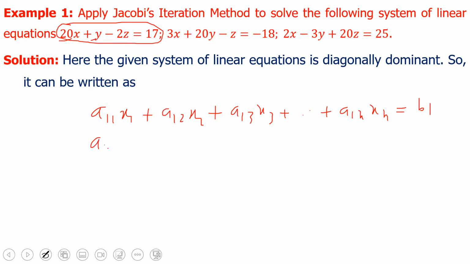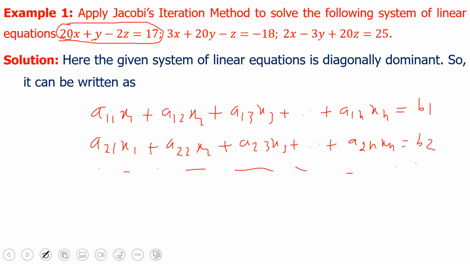Similarly, A21 x1 plus A22 x2 plus A23 x3 up to A2n xn equal to B2. Similarly, we can write n equations.